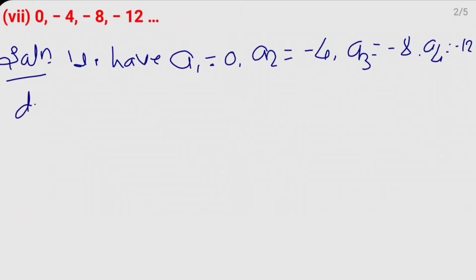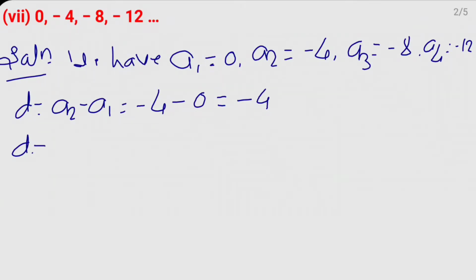So find out D. D is A2 minus A1. Here A2 is minus 4 and minus A1 is 0. So here we got minus 4.